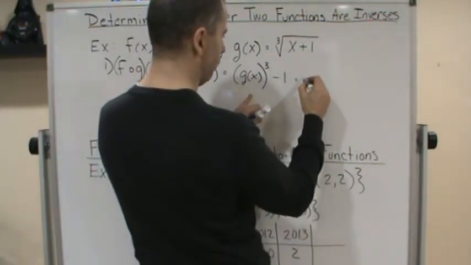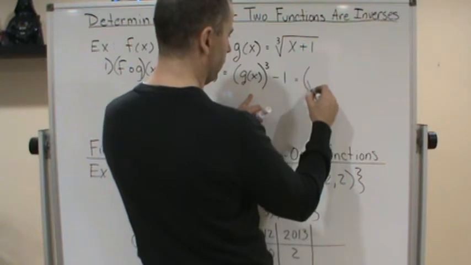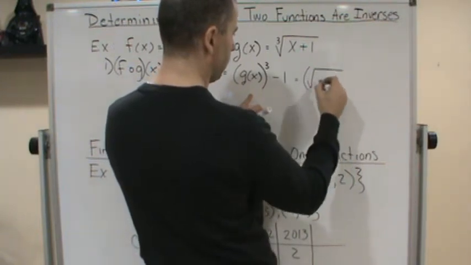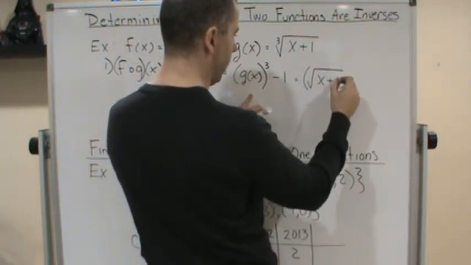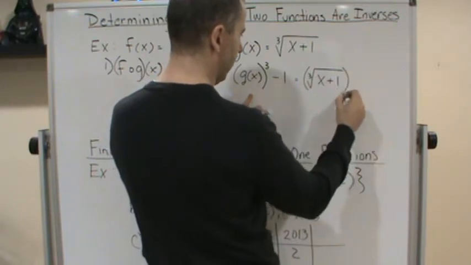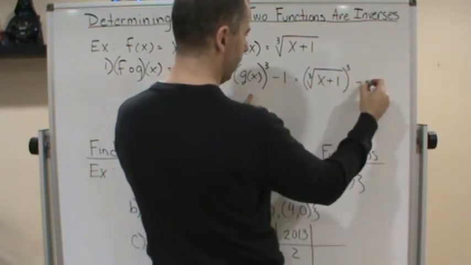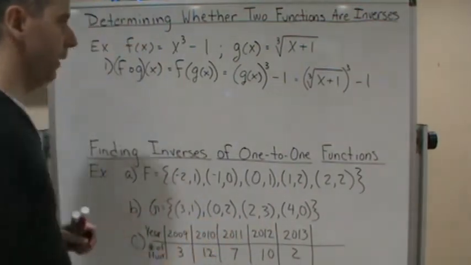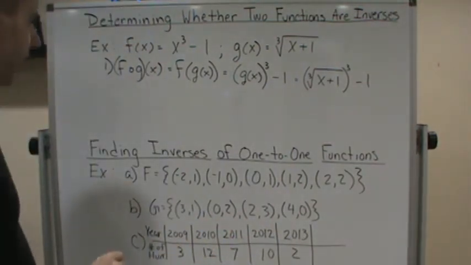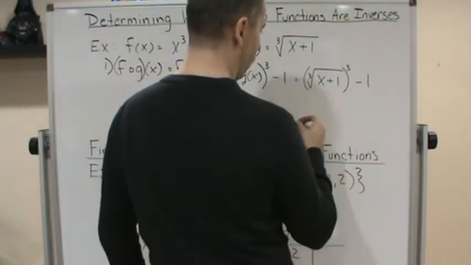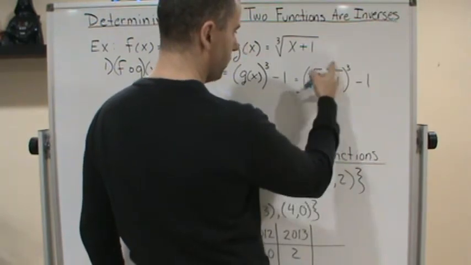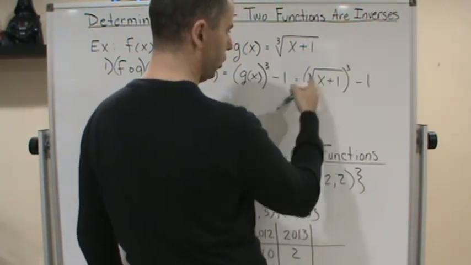So what am I going to do? I'm going to put the cube root of x plus 1, and that whole thing is being cubed, and then I'm subtracting 1. And then this is going to undo each other, right? The cube root and the cube are going to undo each other.